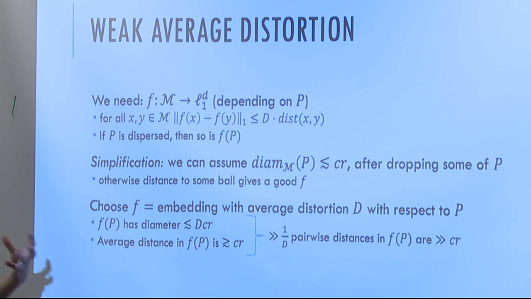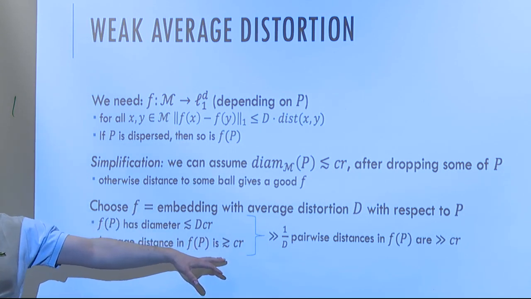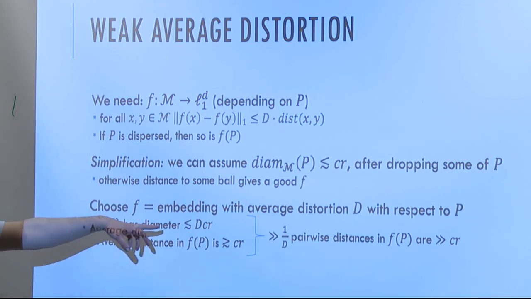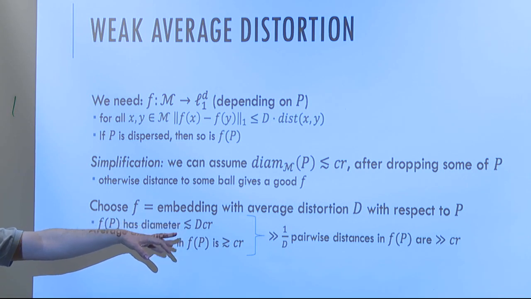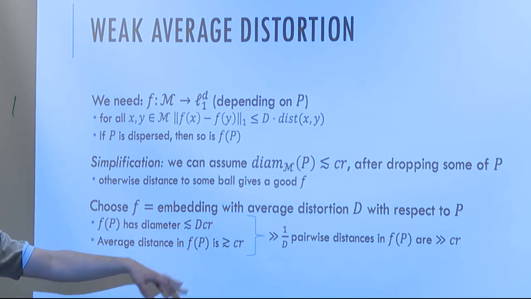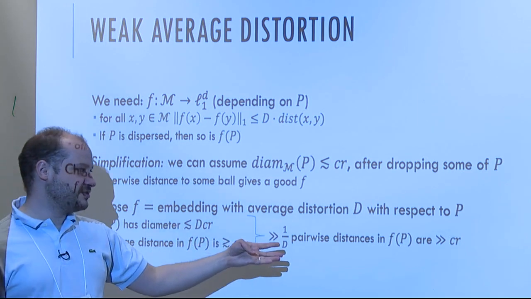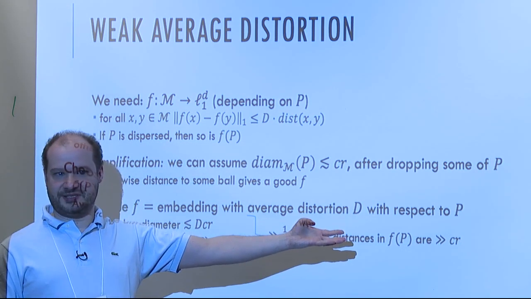Now from the average distortion guarantees of F, I know that the average distance in F of P is also on the order of CR. If you look at these two, F of P has diameter, say, 10 D CR, but the average distance is at least CR, so you know that a good fraction of the pairwise distances in F of P must be at least CR as well.